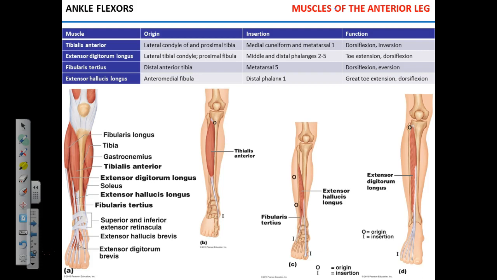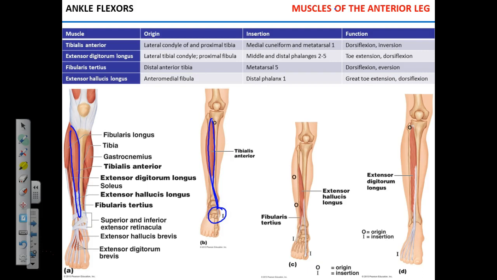Does that make sense? So muscles that flex or dorsiflex the ankle include tibialis anterior. The origin is the proximal tibia and insertion, medial tarsals and metatarsals. Okay?